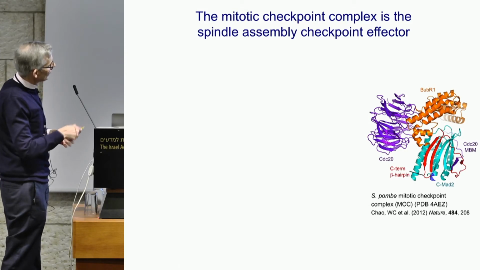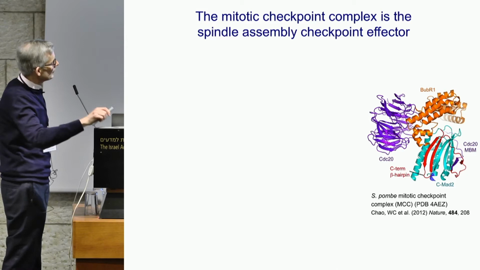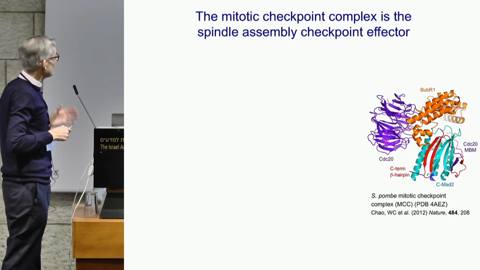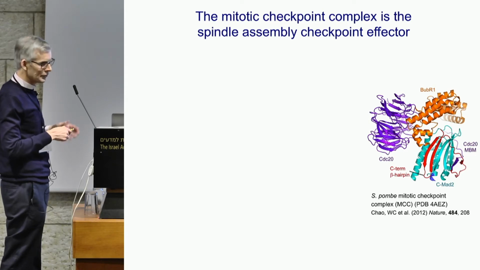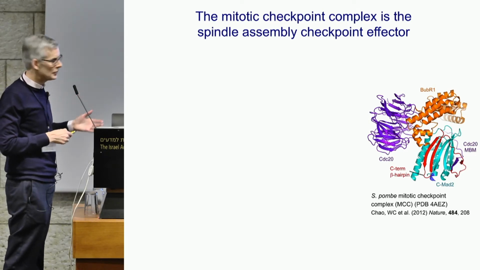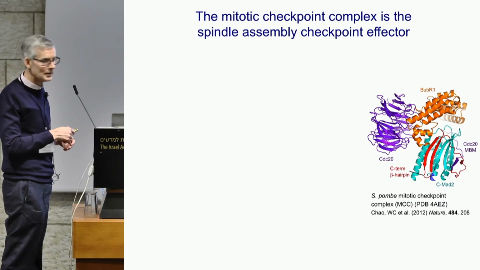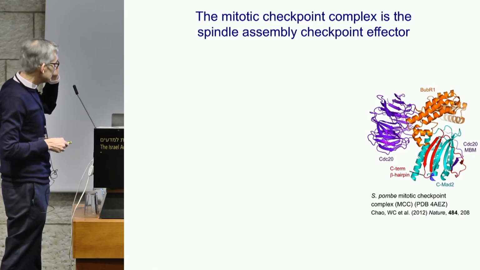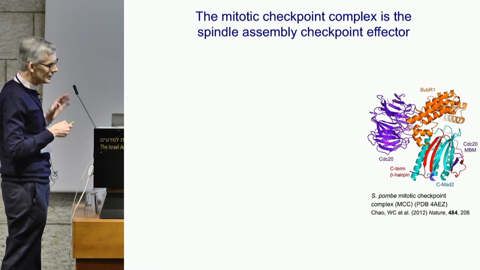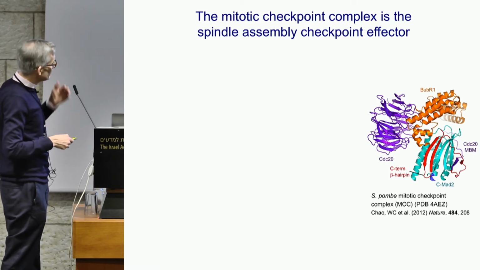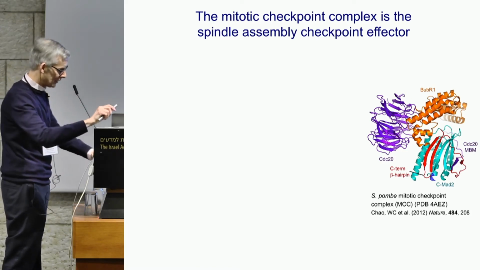And the interaction of CDC20 within this MCC complex suggested early on that the mechanism of inhibition of the APC by the formation of the MCC was due to sequestration of the CDC20 away from the APC, because CDC20 is the activator of the APC, but it's now present in this inhibitor. But it turns out that's not the case. It turns out this MCC complex interacts with APC-CDC20. So it's rather a paradox that the inhibitor itself contains the activator of the APC.